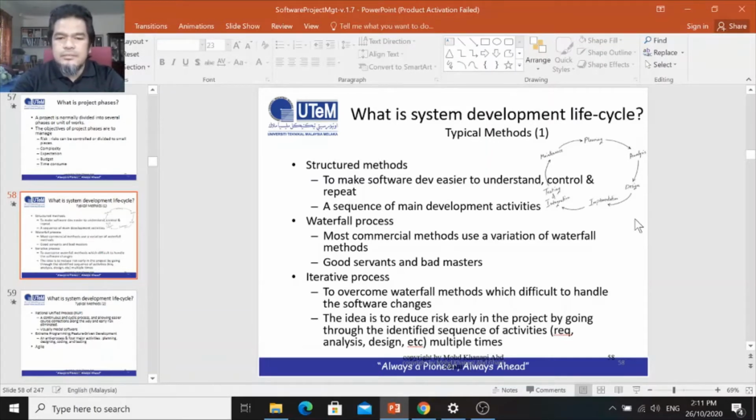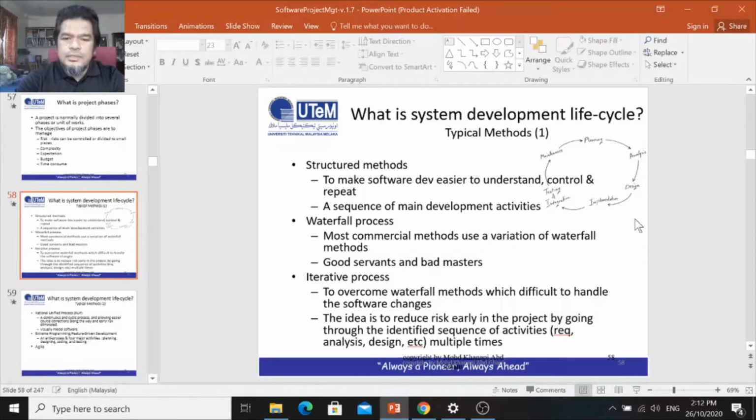So the iterative process is a very good methodology because it's not like a waterfall. It can start the project even if the requirement is not complete yet. For example, you have 20 modules, so it takes time to complete the requirements.